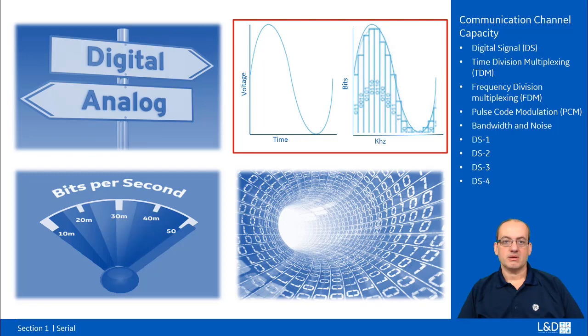When we multiplex it, there are many different types, so it can be either time division multiplexing, TDM, or frequency division multiplexing, FDM. And there is also pulse coded modulation, PCM.